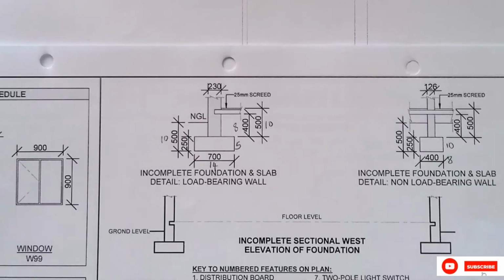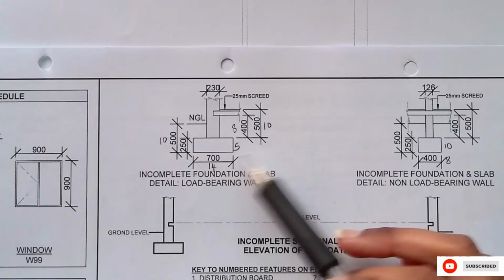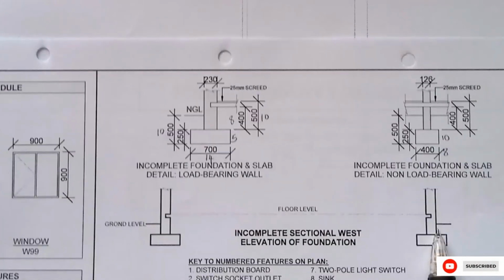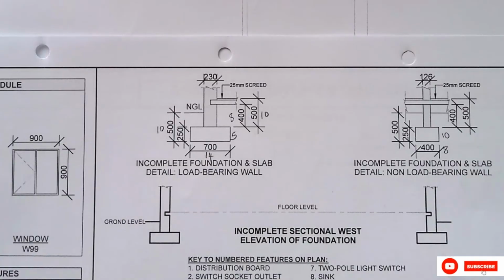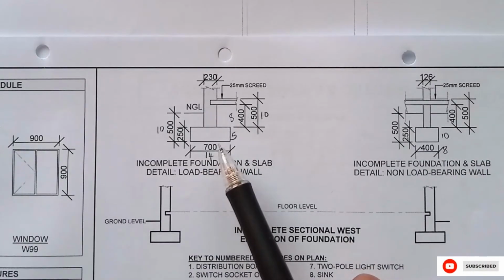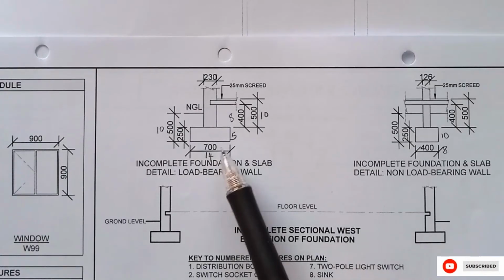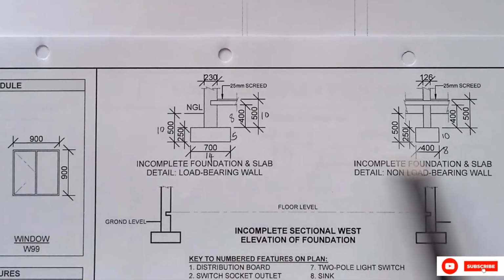So with the foundation, we already have the dimensions converted to scale. You need to draw something that looks like this. So this is incomplete. We have to complete it. The foundation slab for the concrete slab for the external walls is 14, and then for the internal it will be 8.